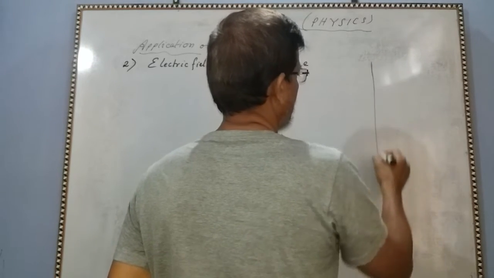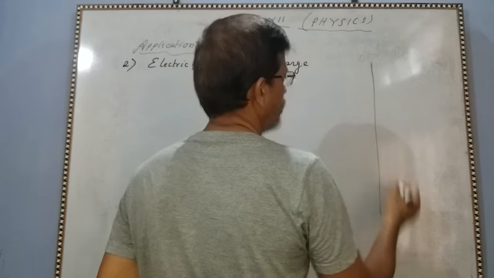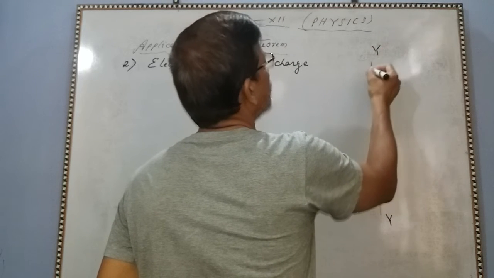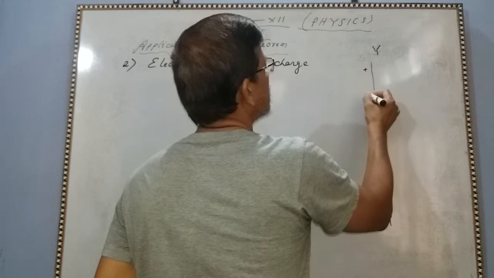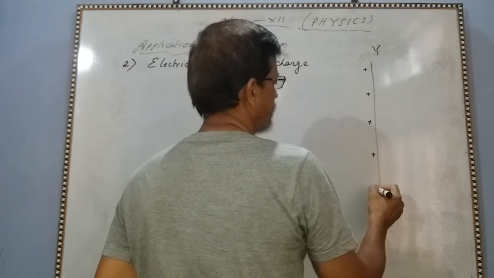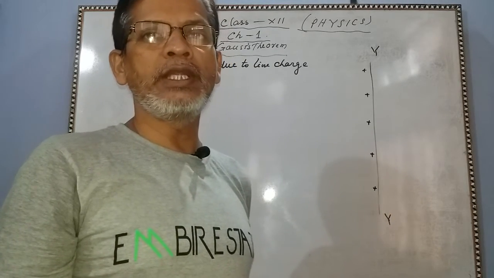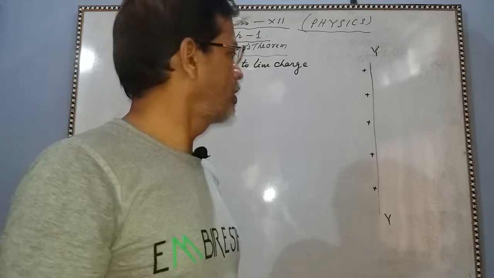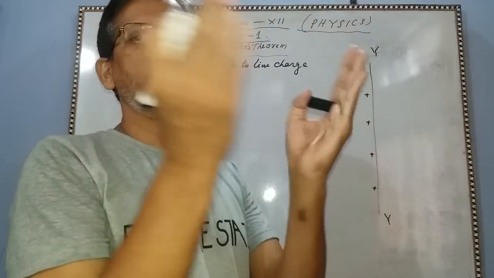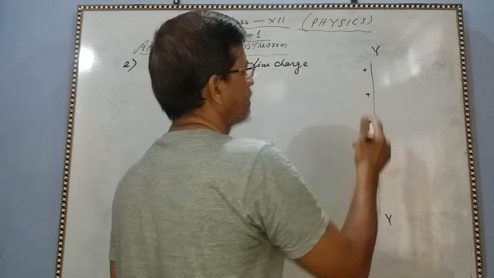So we take a line charge, say along y dash, positive charge taken. To apply Gauss theorem we need a Gaussian surface. So we take a cylindrical Gaussian surface whose axis will be this.